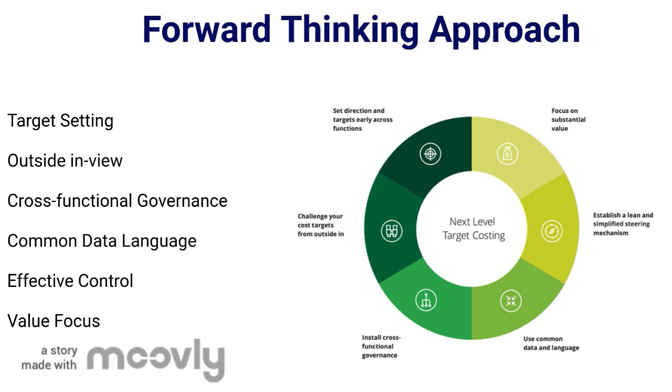This is enabling cross-functional views on targets, forecasts, and decisions. Following that is common data language, using big data and analytical support to improve the target costing process. Following that is the control evaluation, which is aligning your controls with your development process. And finally, the value focus, focusing on value optimization and an overall customer-driven process.